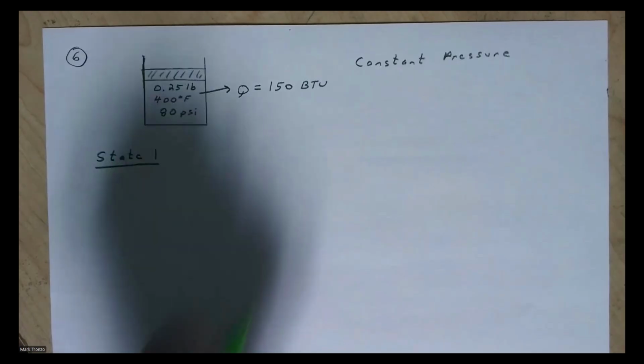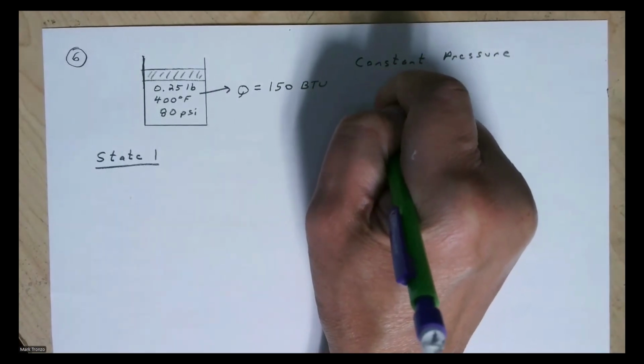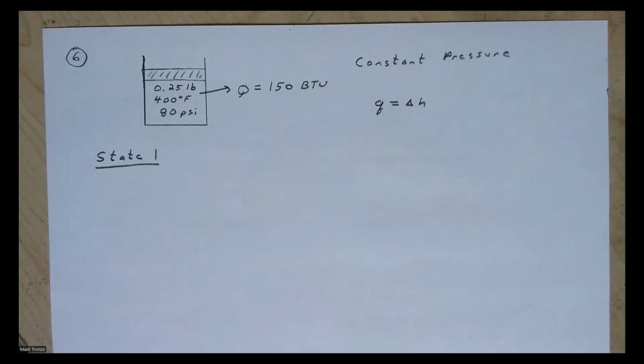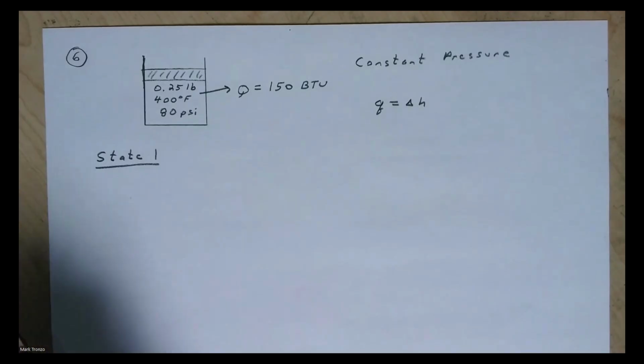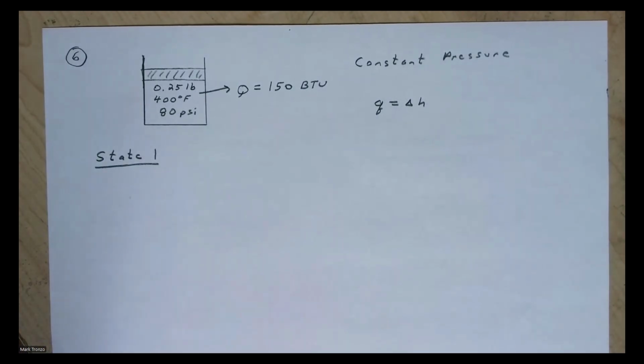So with no other work, we can use the equation Q equals delta H. Now, the fact that we're given both the pressure and the temperature means it's very likely that we're going to have a superheated steam, but we have to check just to be sure.